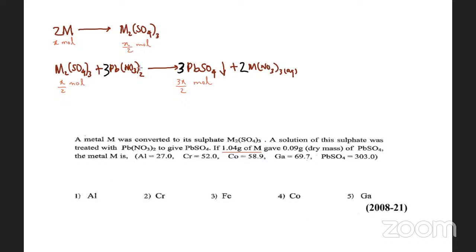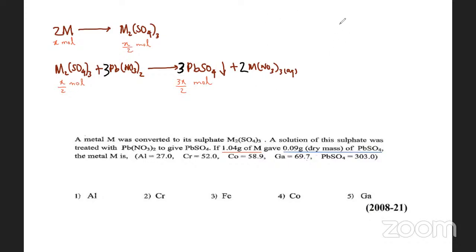All 5 of these metals can have +3 oxidation number, so you can't just look at them and say which one is the metal. We have to find the value of X. If I know X, I know the number of moles of M, I know the mass of M, then I can find the molar mass. For that, they have given you the mass of lead sulfate, 0.09 grams. Using that, we can find out the number of moles of lead sulfate.